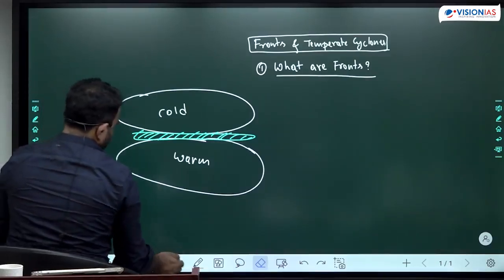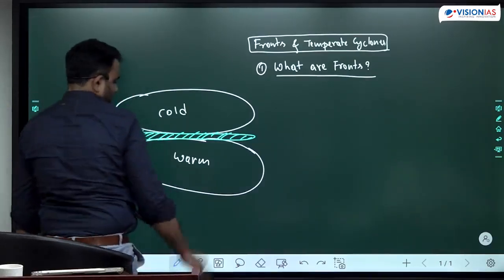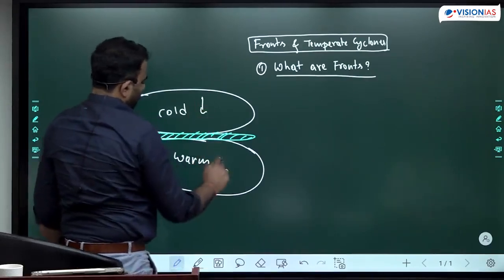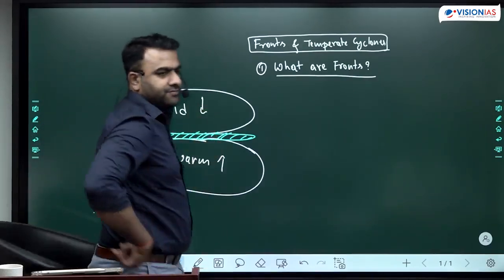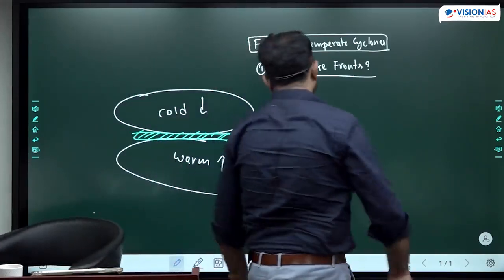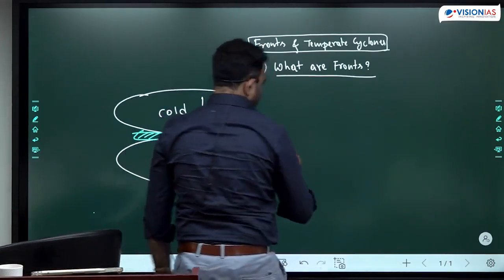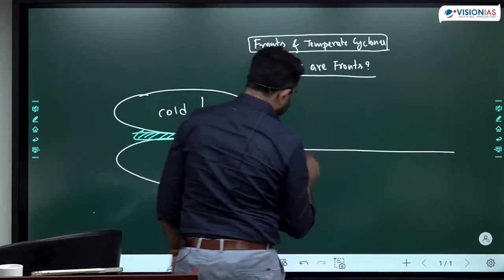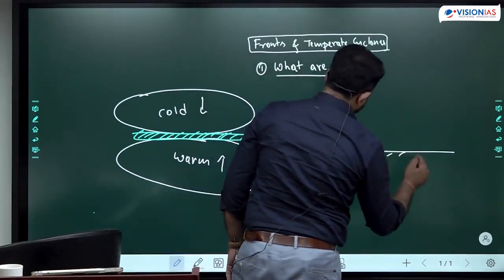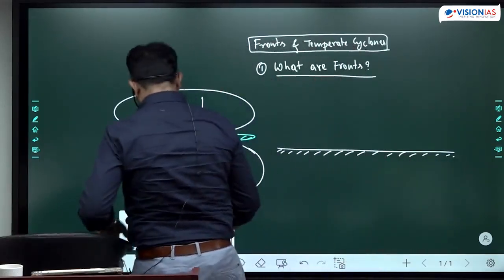So what happens when two different air masses come closer towards each other? This is the top view. Okay, हम ऊपर से देख रहे हैं. This is the region of front. Okay, let's see a side view. Okay, this is surface.